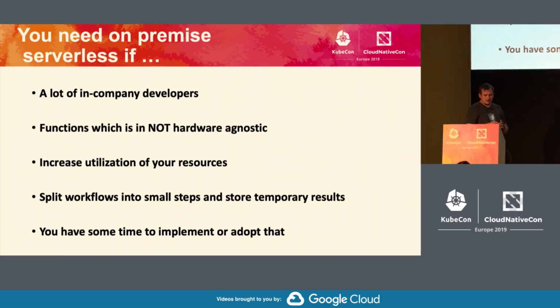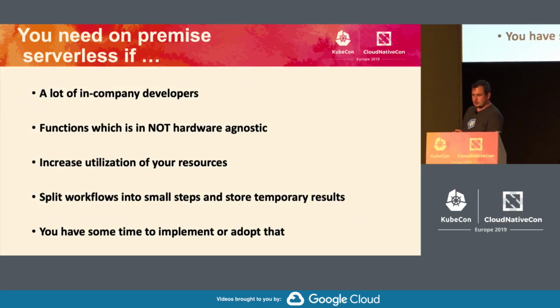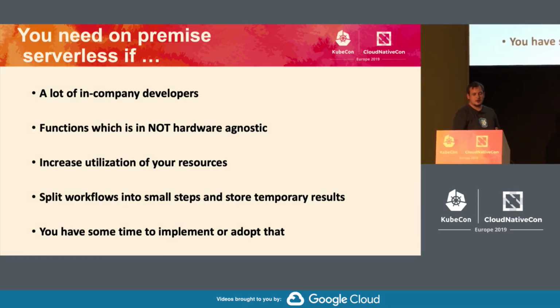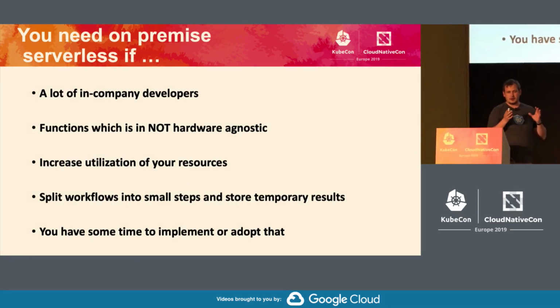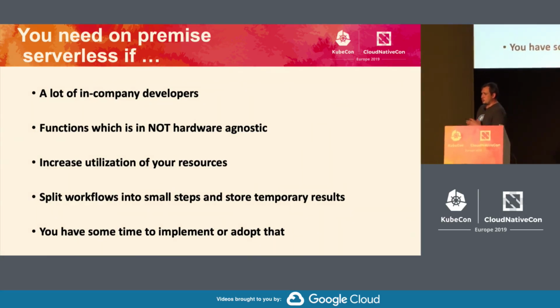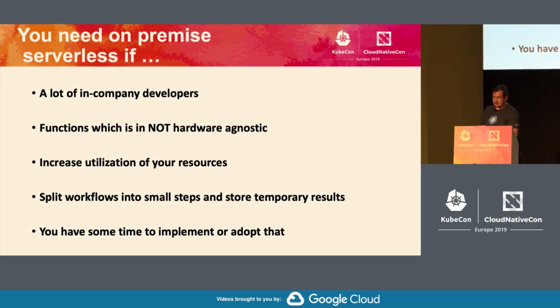And to summarize everything, to understand if you really need on-premise servers, you should have a lot of in-company developers, because it requires a lot of development, a lot of integration, a lot of things. And you should understand that you will be able to create functions which will be started in a hardware-agnostic way. And you will get the benefits which I already described on the previous slide.